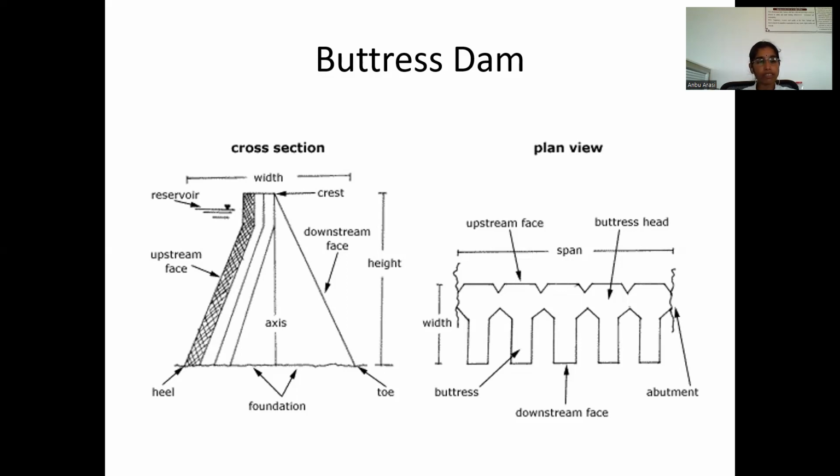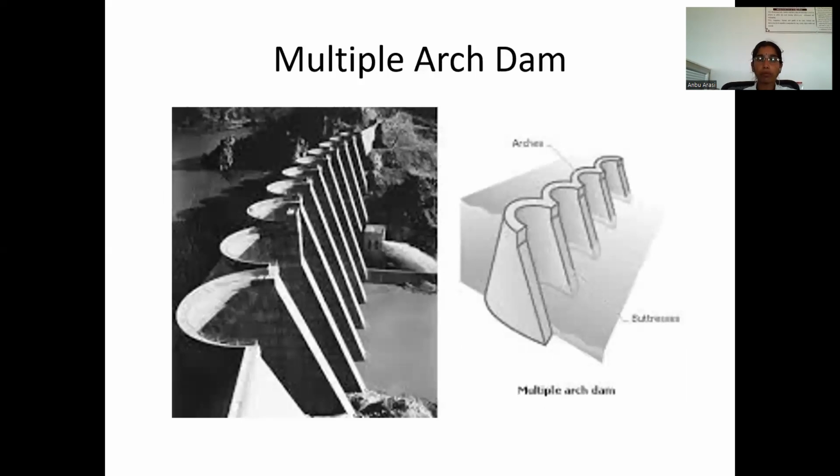Uplift is the pressure resulting from the water in the reservoir, and possibly of water from the hillside rocks, gaining access through or under any cracks and exerting upward pressure underneath the mass concrete dam. Next, multiple arch dam. This is an example of a multiple arch dam. A multiple arch concrete dam is a variety of buttress dam.